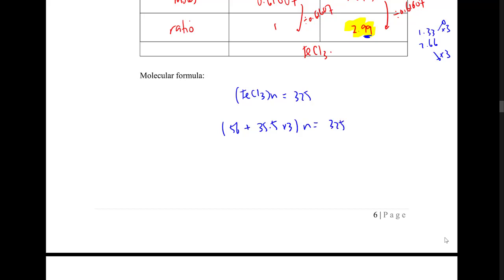And now you're just going to divide to find n. 325 divided by the sum of 56 and 35.5 times 3. This gives you 2. And therefore, it is Fe2Cl6. That's your molecular formula.